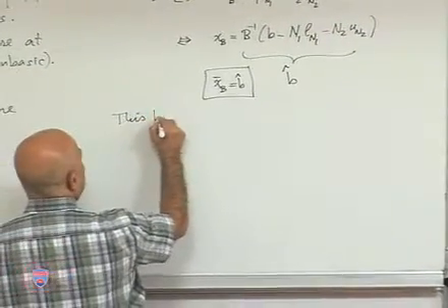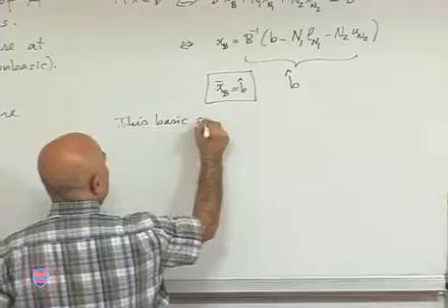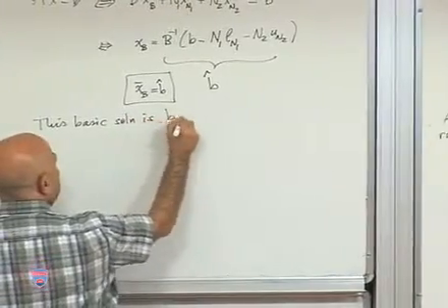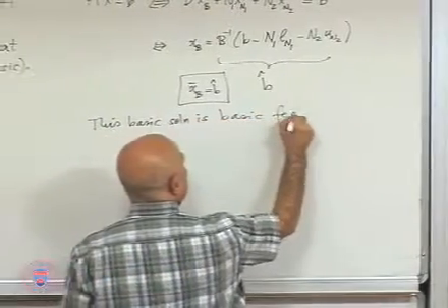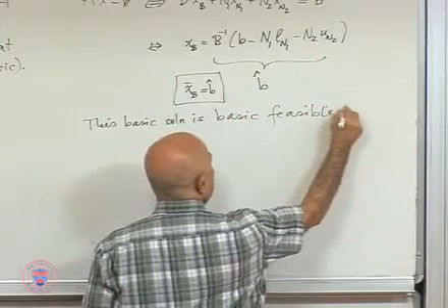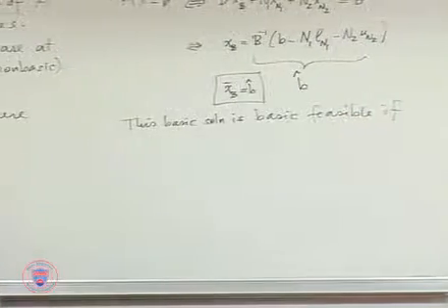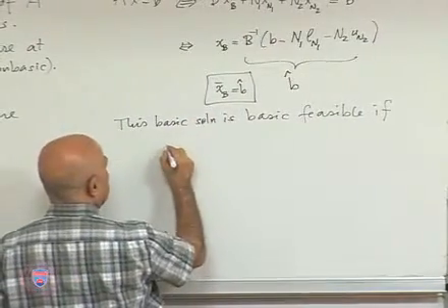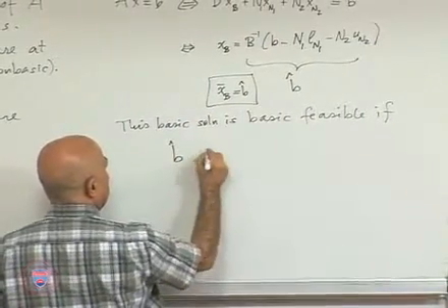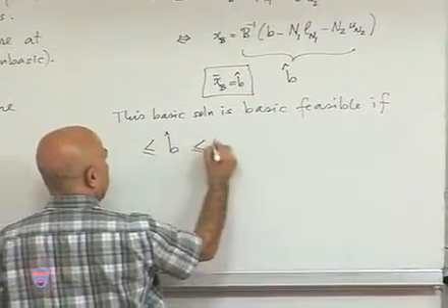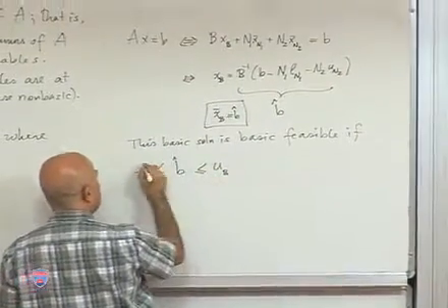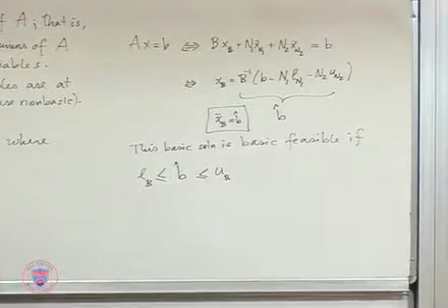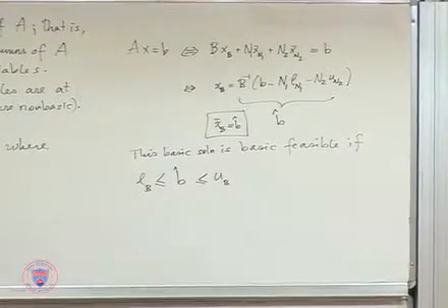This basic solution is basic feasible if B cap is between the upper bounds and lower bounds associated with the basic variables.